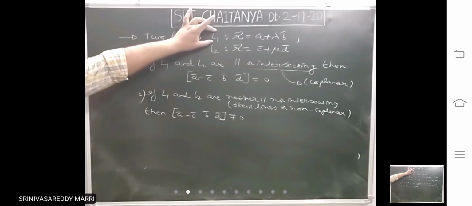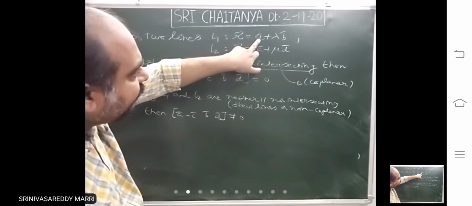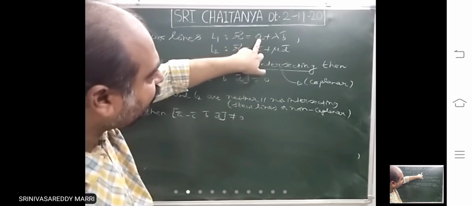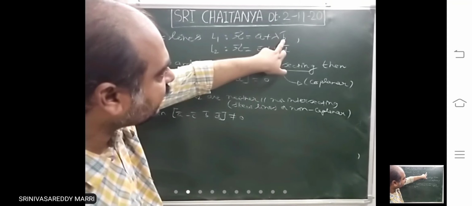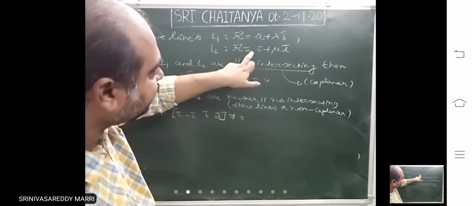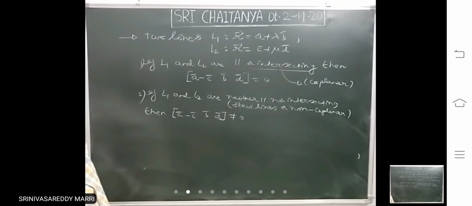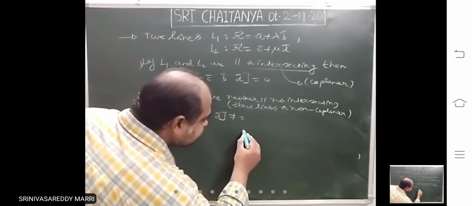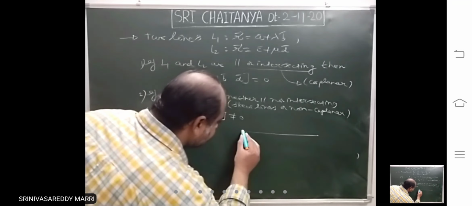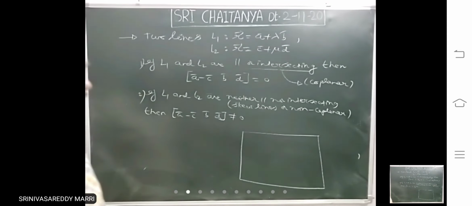Look at, a line given like this in vector form passes through a point a bar and is parallel to vector b bar. This line passes through point c bar and is parallel to d bar. Suppose this is the plane, this is your paper, right?